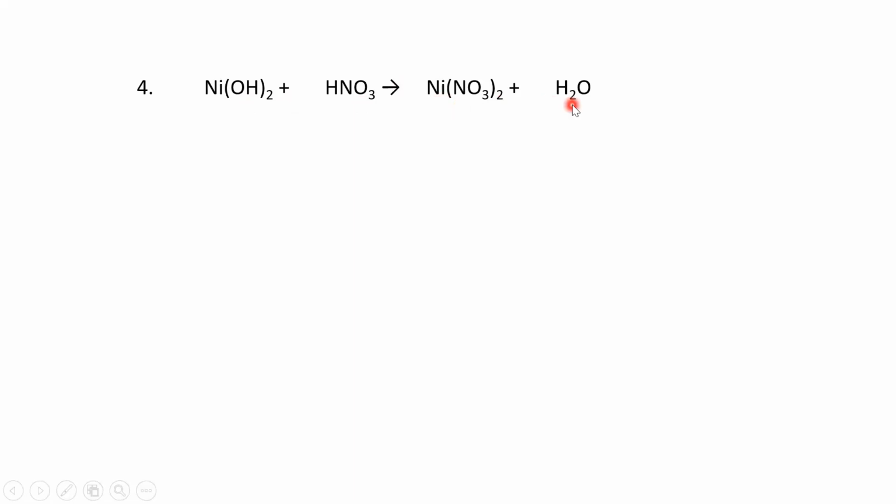So you need to get the nickel, the oxygen, and the hydrogen balanced on both sides of the equation. What might make this easier, and you can't always do this, but for this one, since there's a nitrate here and a nitrate here, you can balance them as a unit. Might make it a little bit easier than trying to do them separate.